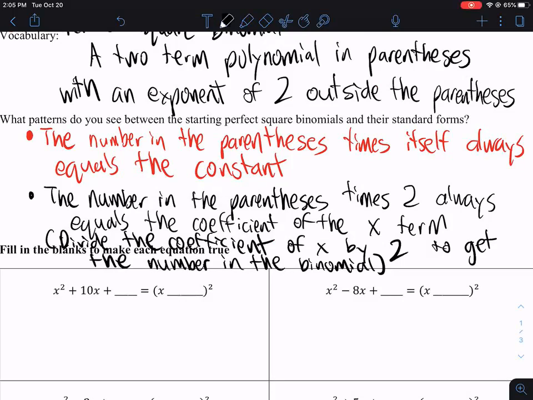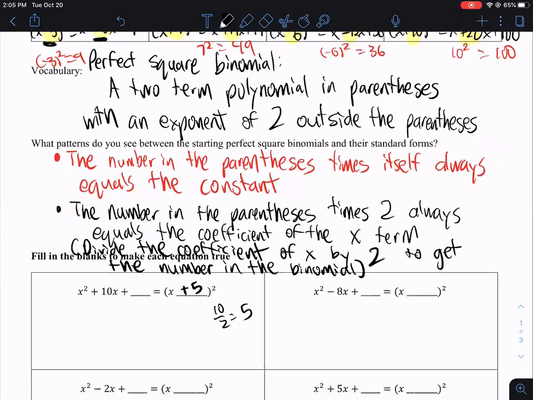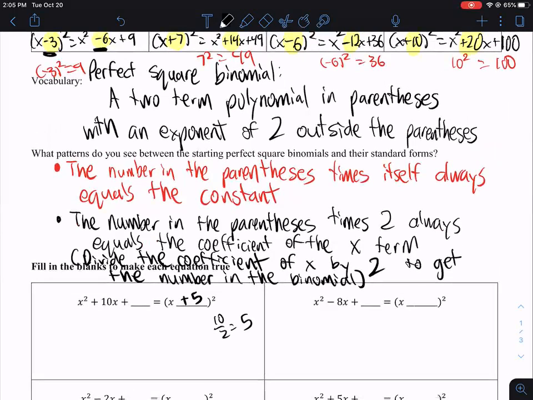So again, what Rustam did here was he took the 10 and divided it by 2, and that equaled +5. And this fits with the pattern our other classmate said, right? He said that when it's positive in the parentheses, it's all positive on the other side, and that does appear to be true.